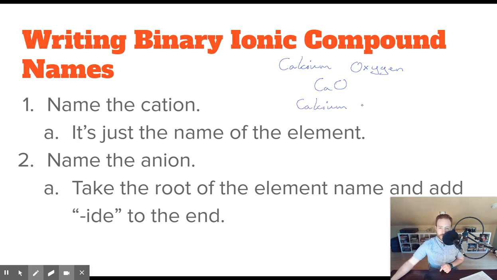And then for the second word, you take the root of the second element and change the ending to "ide." So calcium oxide. This will take a little bit of getting used to. You're going to have to see examples of a lot of the different elements used in this way, and you will get used to how to change their names.